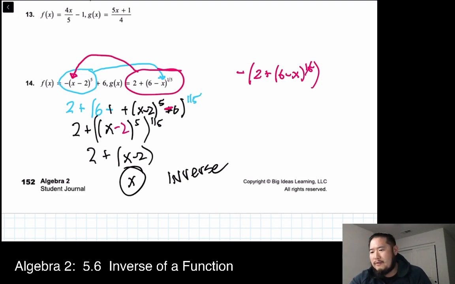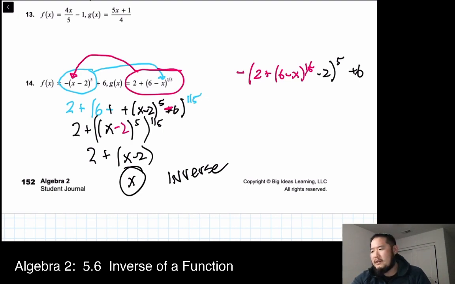And then we have minus 2. Whoops, let me erase this, because minus 2 is part of that original equation. And then we raise this to the 5th power, plus 6. So after all is said and done, when you simplify this out, you'll end up with x as well, and you'll realize that they are inverses.